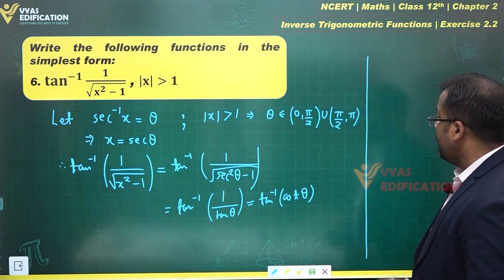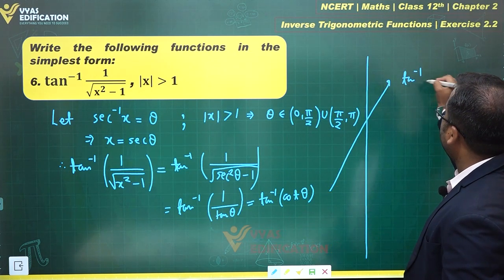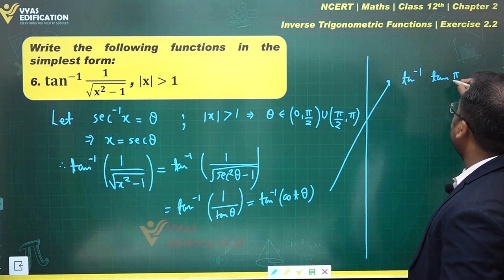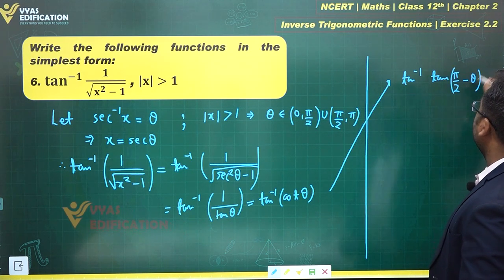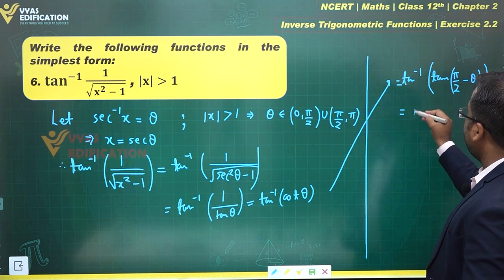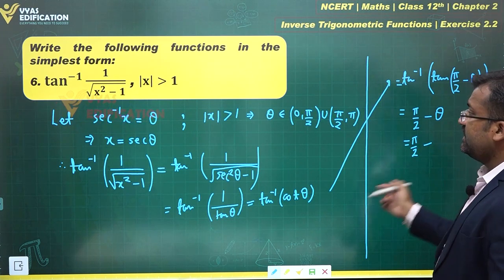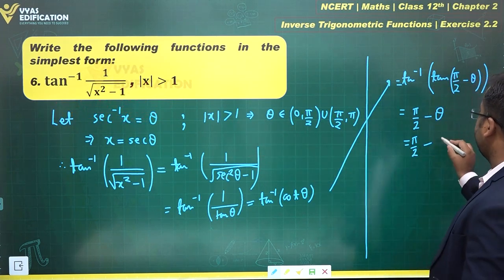Using complementary angles, this will further be equal to pi by 2 minus theta. What is theta? Theta is sec inverse x.